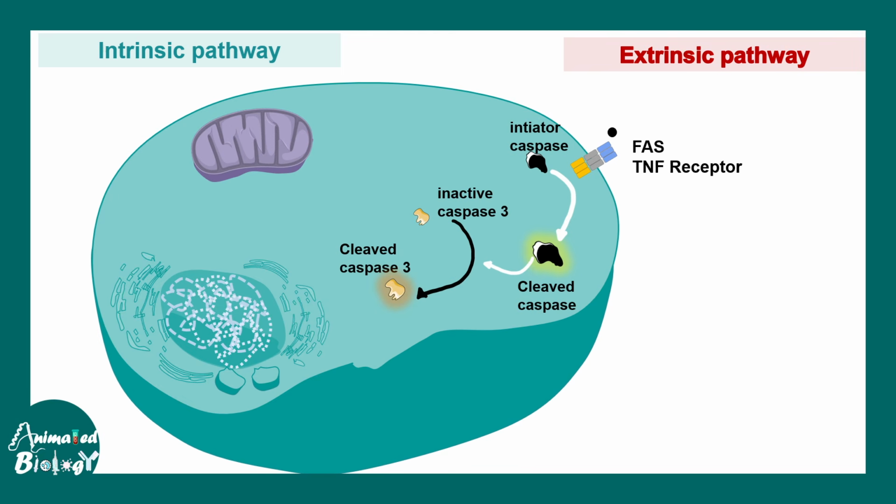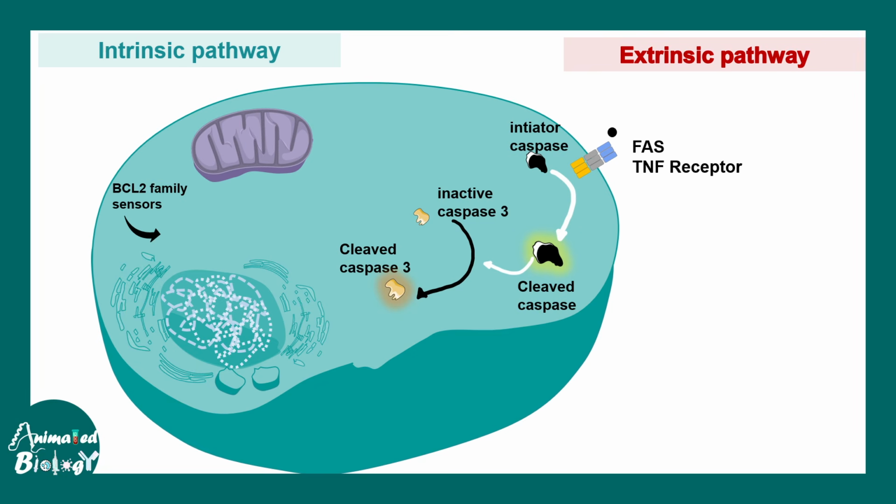Many caspases can start the cascade, but the nail in the coffin is the cleaved caspase 3. This is the executor caspase. Inactive caspase 3 gets cleaved into cleaved caspase 3, and eventually it can degrade the DNA, fragment the nucleus and many other things. It can activate a plethora of other enzymes and proteases which can kill the cell.